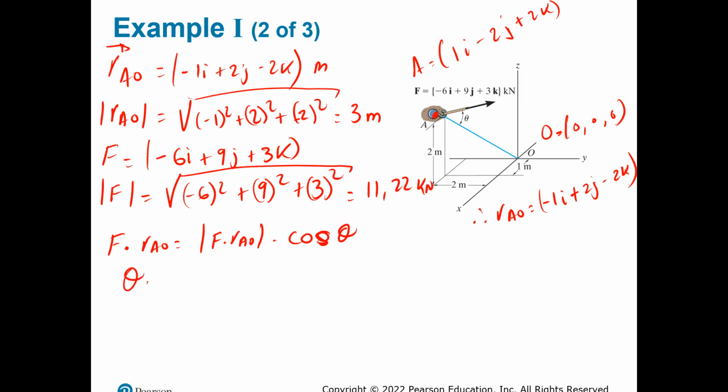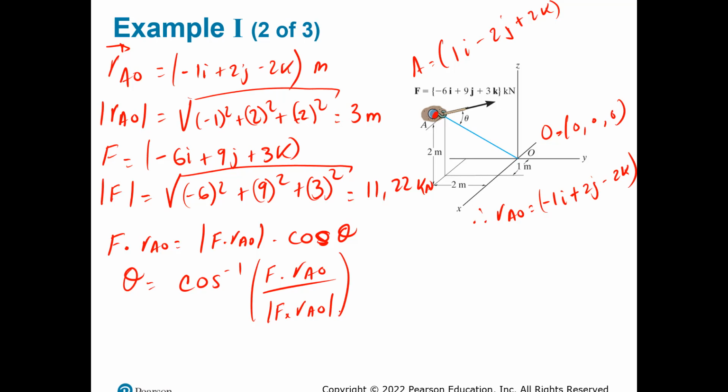If I solve for theta, that's equal to the inverse cosine of F dot r_AO over the product of the magnitudes. And all you have to do now is plug in the values.